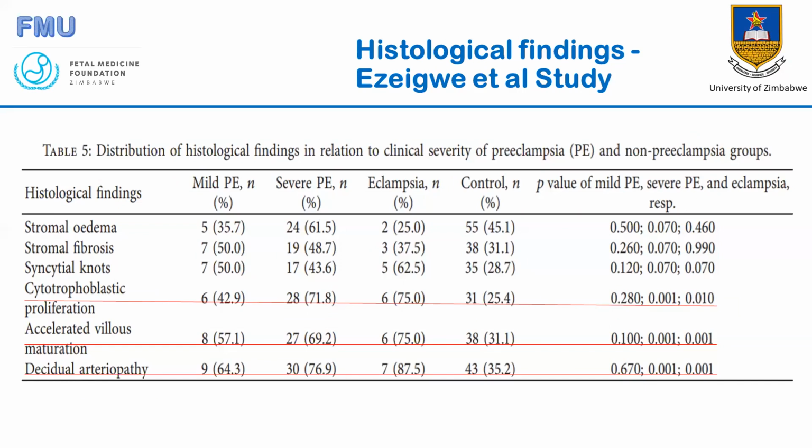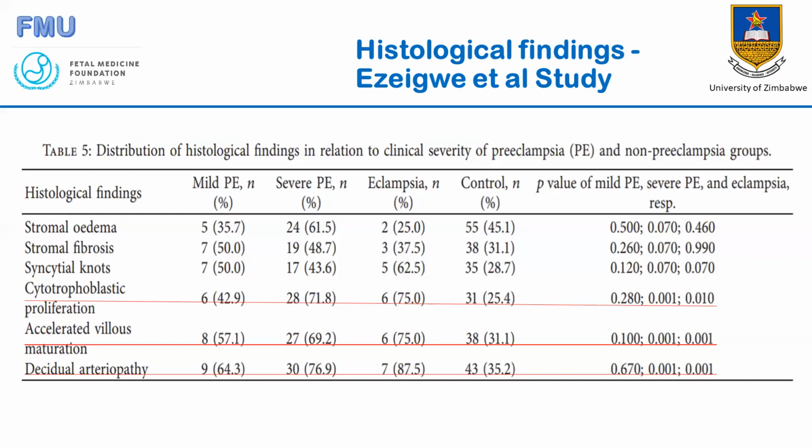So in the 3 groups, you can see the p-values on the column on the right side, and you can see the ones which are underlined are the ones which were statistically significant.